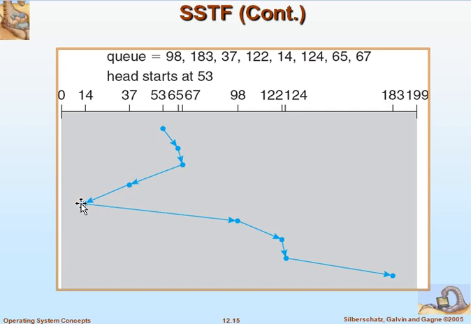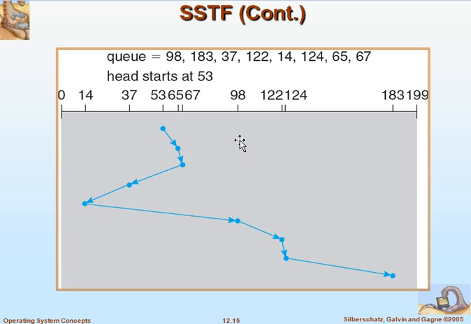After 14, it will check among the requests not yet catered: 93, 183, 122, 124. Among those, from 14, 98 has the shortest seek time.